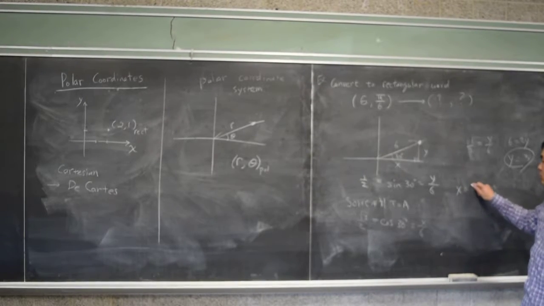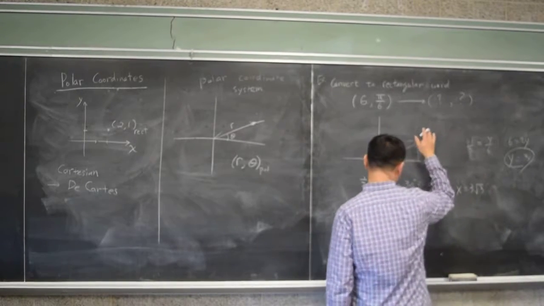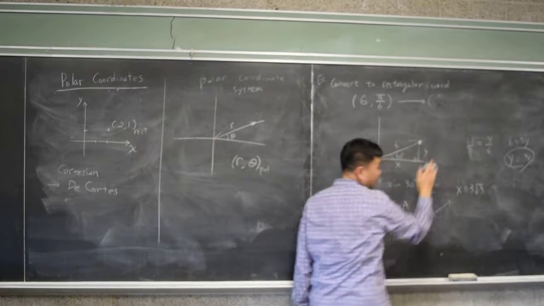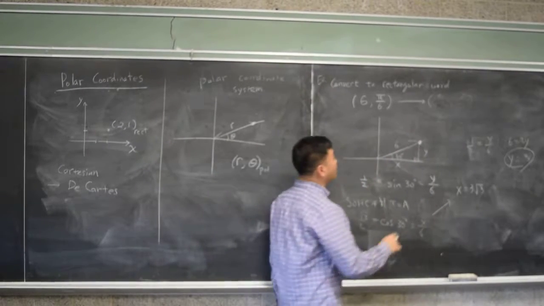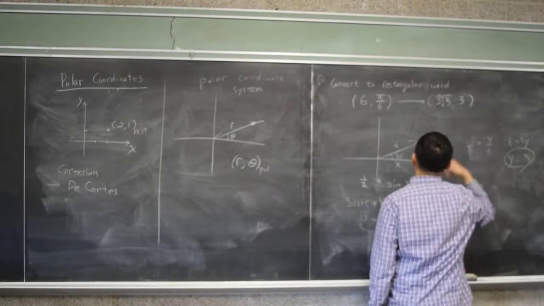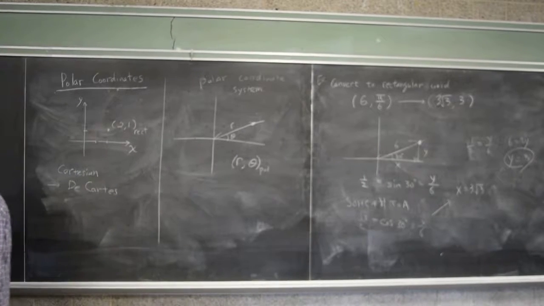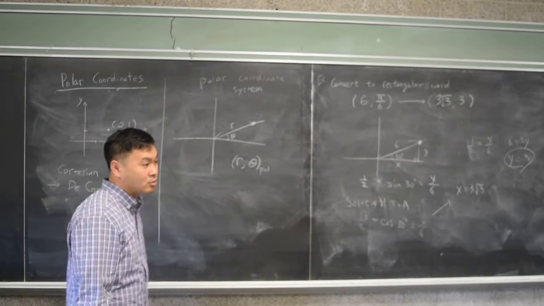So x will be 3 radical 3 if you solve this. So the answer is what comma what? (3 radical 3, 3). So that's how you go from polar coordinate description to rectangular coordinate description.